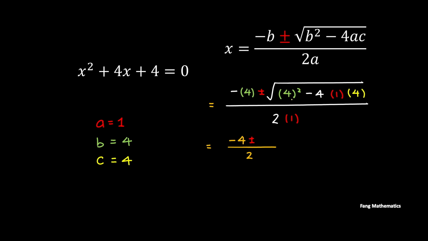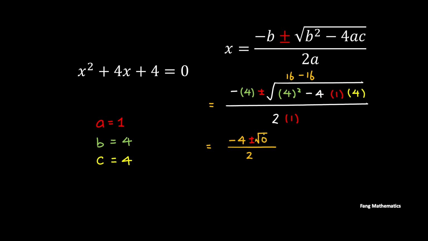Let's start to simplify. 4 squared gives you 16, minus 4 times 1 times 4. So minus 4 times 4 gives you 16. So 16 minus 16 should give you 0. So you have 0 under the square root.